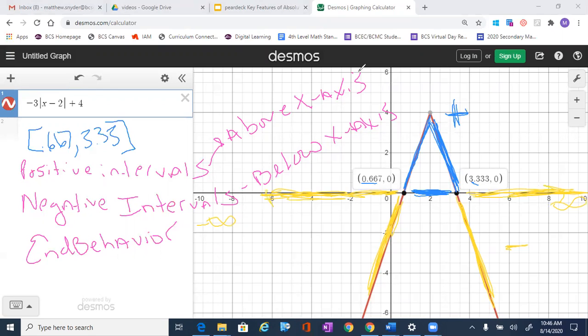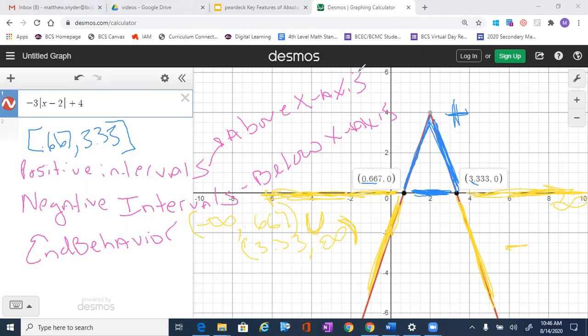So my negative interval would be, for example, negative infinity to 0.667, or, that's what that symbol right there means, or 3.33 to positive infinity. And that would be my positive interval and my negative interval.